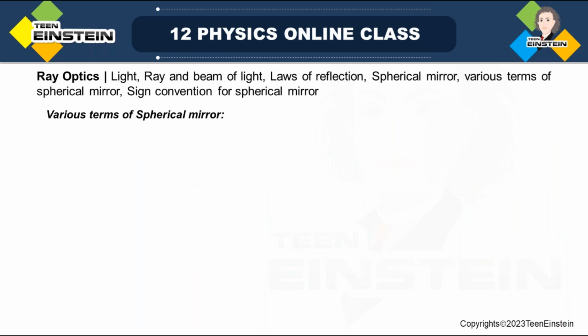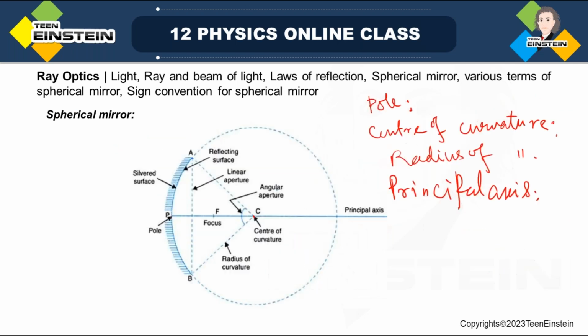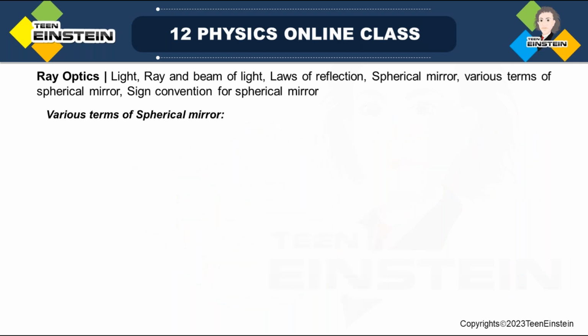Today we'll discuss a few more terms. One among them is linear aperture and angular aperture. These are very, very important terms. If I show you here, this is the spherical mirror or the reflecting surface.